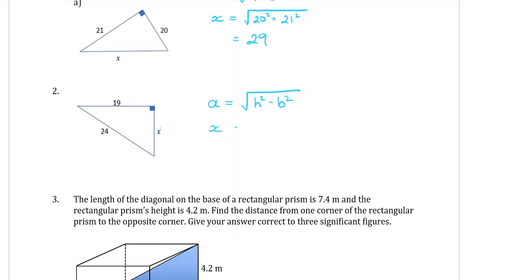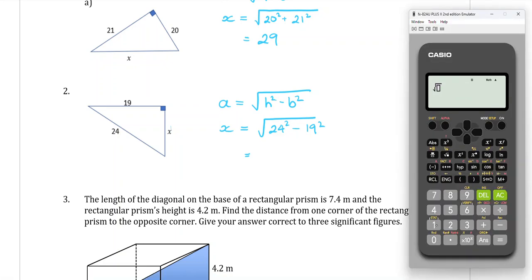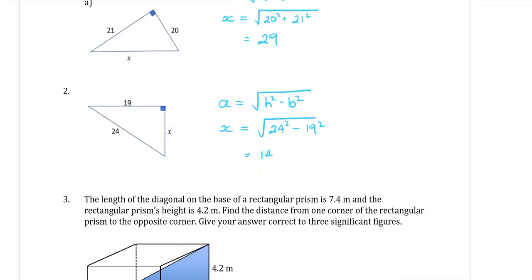Subbing in, x is the name of my shorter side, equals square root of the hypotenuse has to be the longer side, so 24 has to go first, and then minus 19 squared. Type it in. We get 14.7 to 1 decimal place.